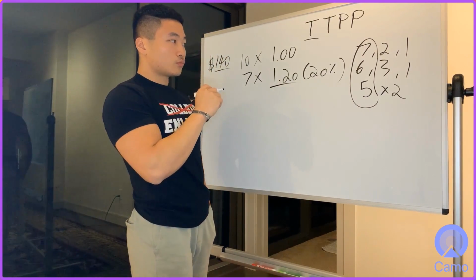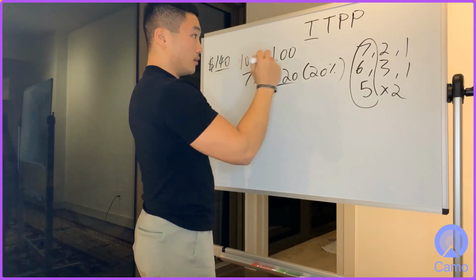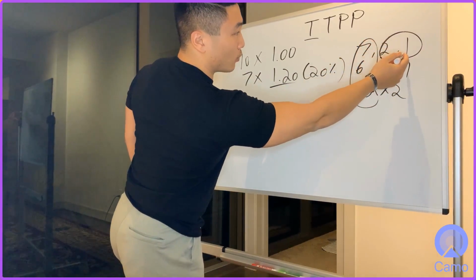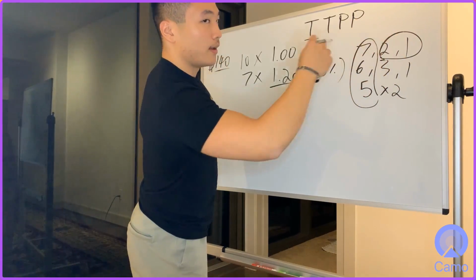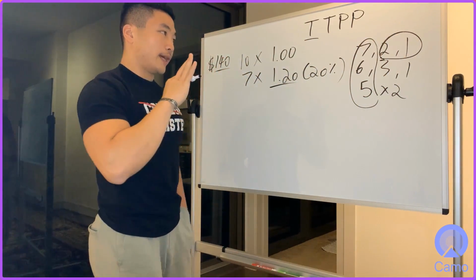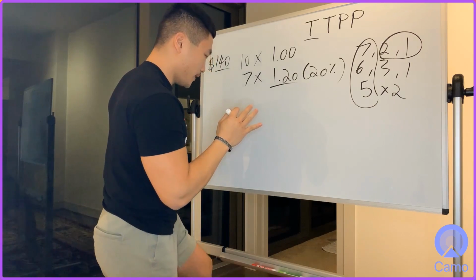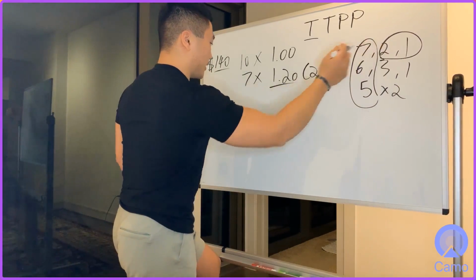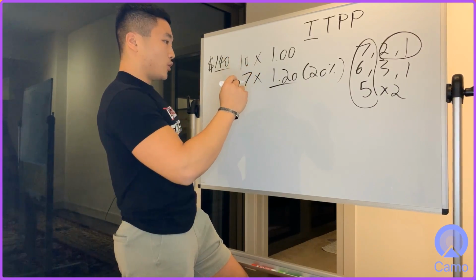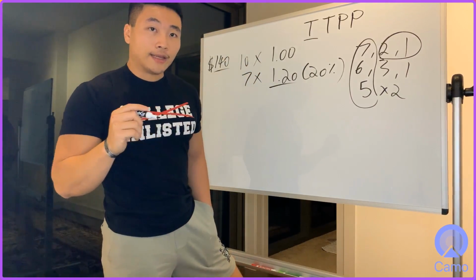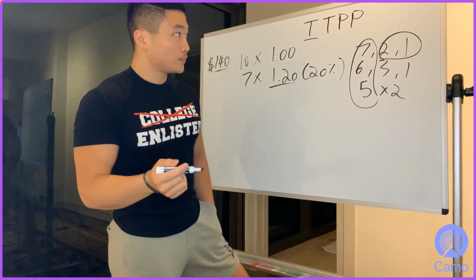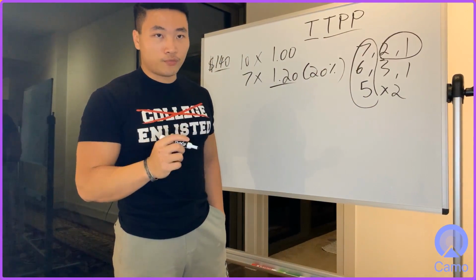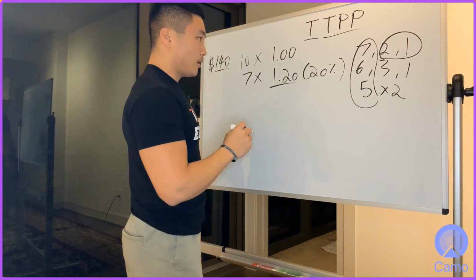Now, for the rest 3, see, it says 2 and 1, but overall it's 3. I'll explain why later. So for the rest of the 3 contracts that you have, you're going to place a stop limit order, and that will be the trailing and protect profit part of the trade.